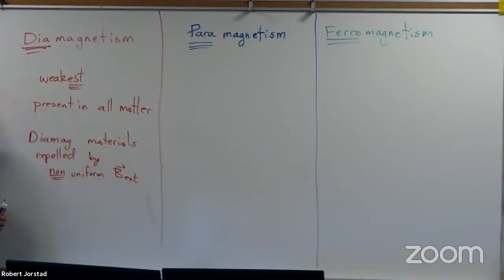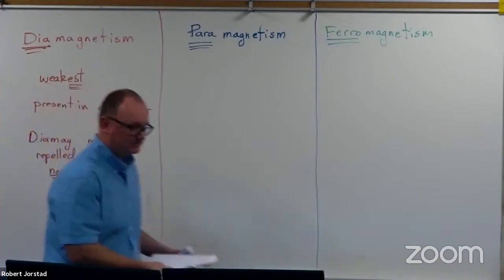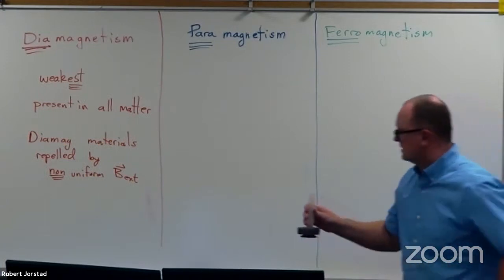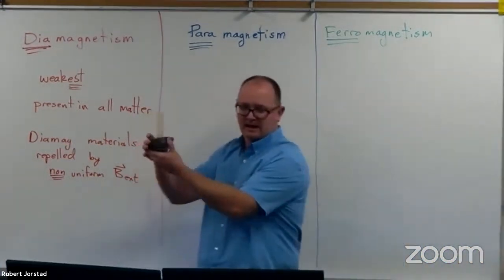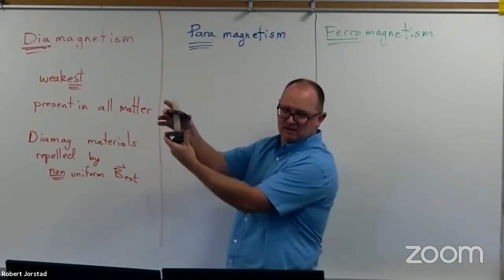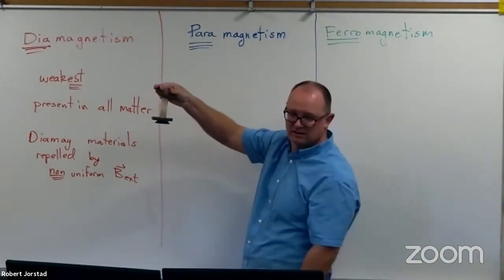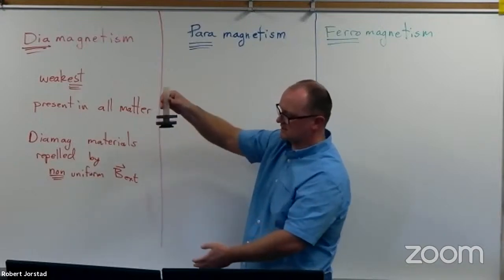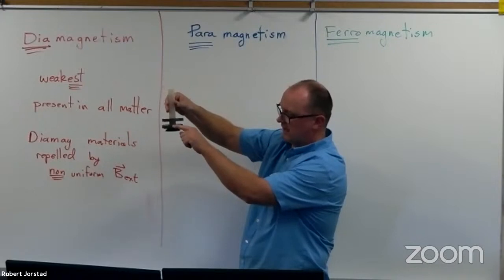You probably have not seen this in the real world before. You may have seen a magnet repel another magnet. Here are two magnets, and if I flip the poles, you can see a small gap between these two.